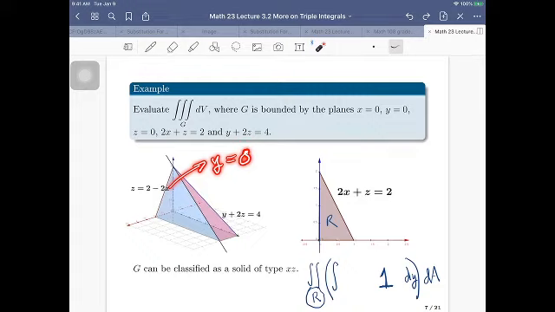So that means the floor function is 0, y equals 0, and that's the xz plane, right? And what about this one? What is the equation of this triangle? The equation of the triangle is y plus 2z equals 4, and you want to write that in terms of y, so y would be equal to 4 minus 2z. So maybe I'll write here y equals 4 minus 2z, which is just a restatement of that equation.